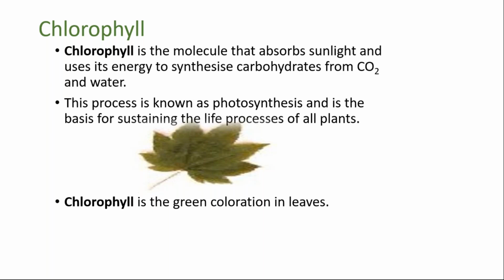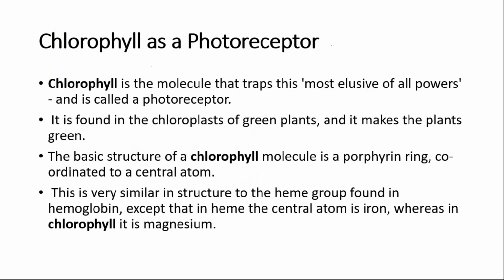Chlorophyll is the green coloration in the leaves. Chlorophyll itself as a molecule is a photoreceptor. That is, it is able to trap the sunlight, the most elusive of powers, because however we have tried, we cannot trap sunlight. We can only use the energy from sunlight as solar energy.